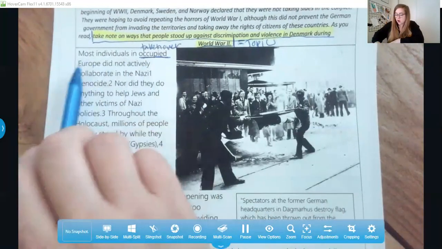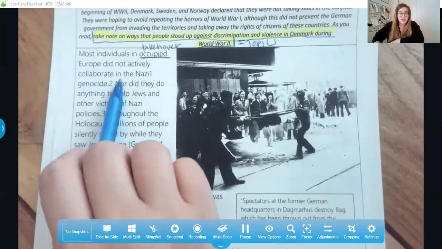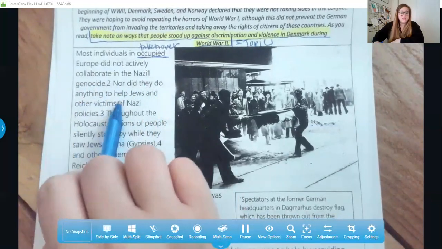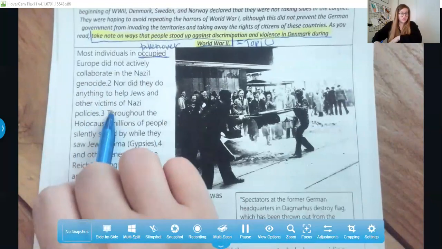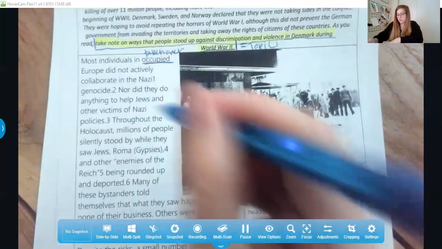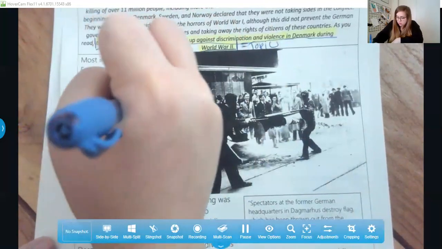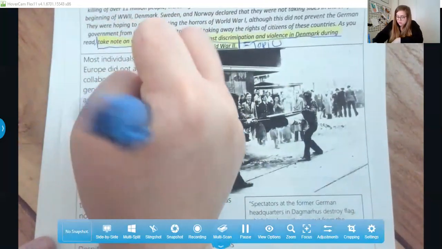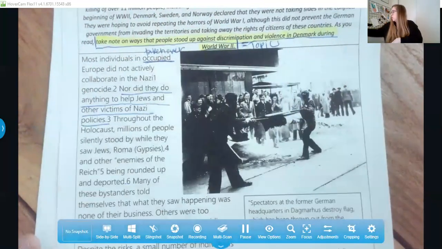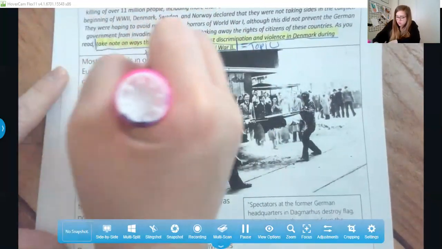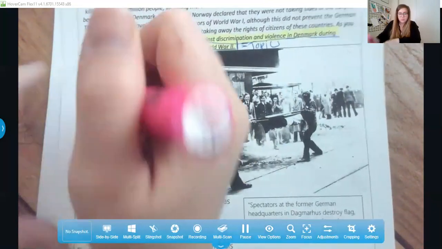Most individuals in occupied Europe did not actively collaborate in the Nazi genocide, nor did they do anything to help the Jews and other victims of Nazi policies. This part right here, I'm going to go ahead and underline. Most people did not do anything to help the Jewish people. I'm going to highlight this because this is going to be important.